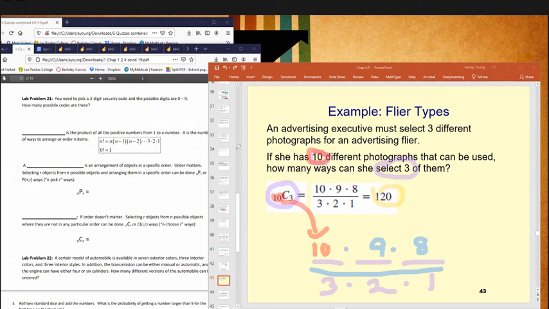Do you see what I'm saying? So if they are getting assigned something, like I'm picking 9 players to be on a baseball team, and I'm going to give them each a position, now order matters, because it matters whether you're pitcher or whether you're first base.